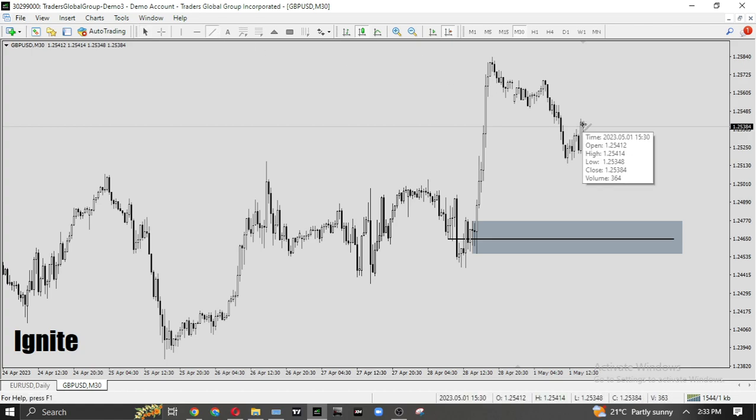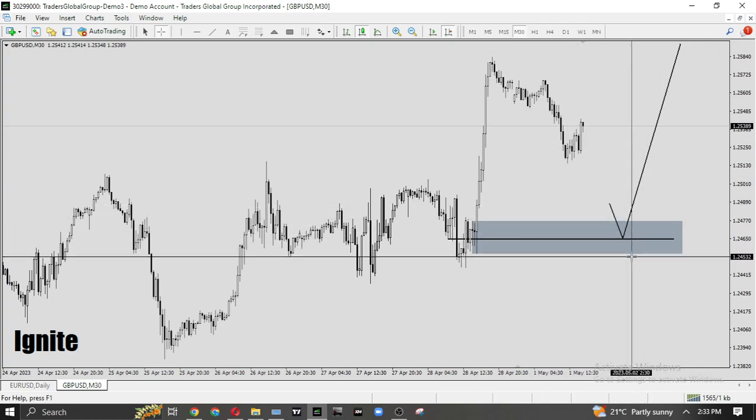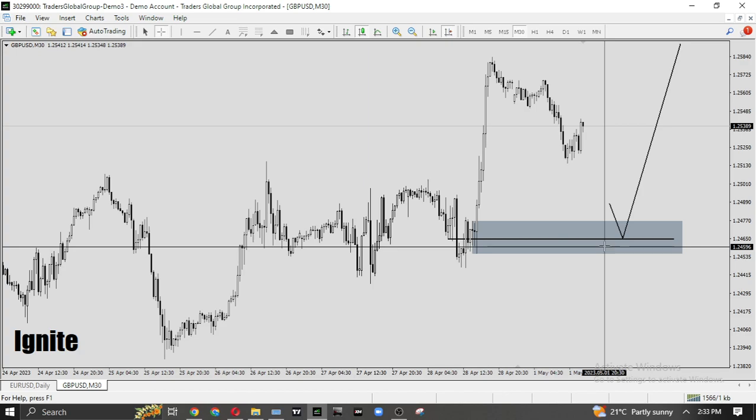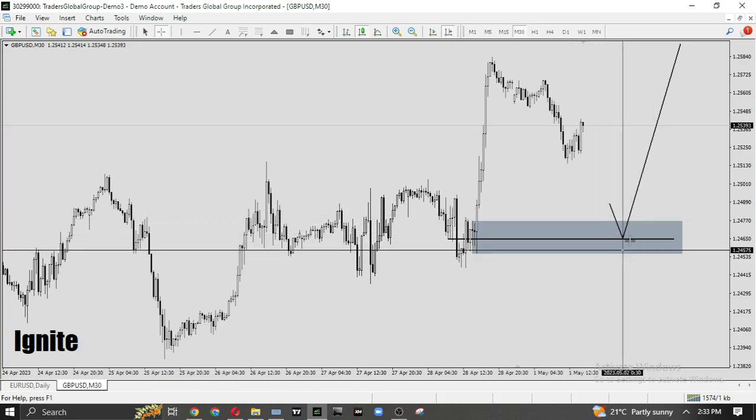So it will be something like this, if we try to speculate. So this is what I'll be looking at. But there are a lot of confirmations that I look for before I enter a trade.